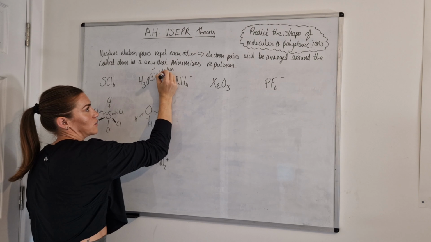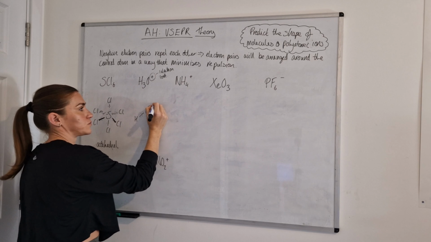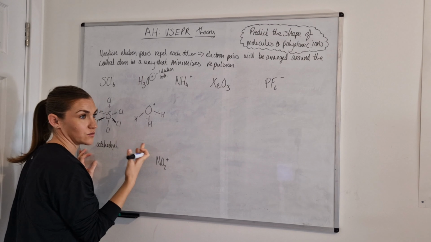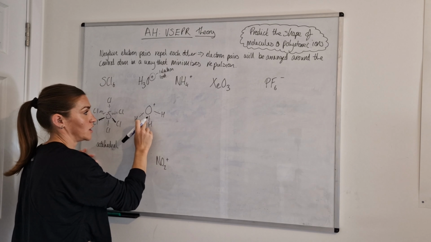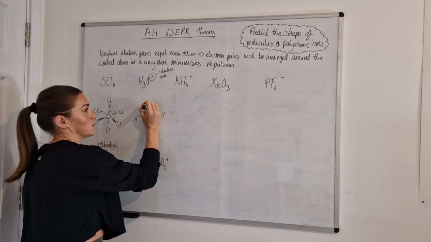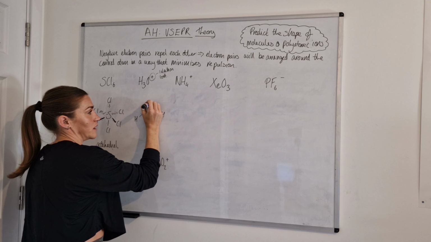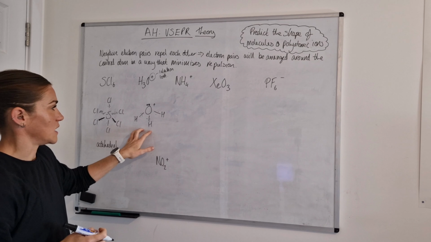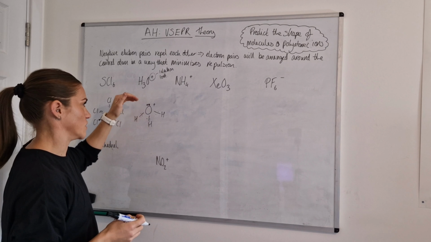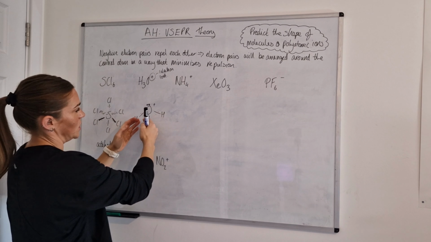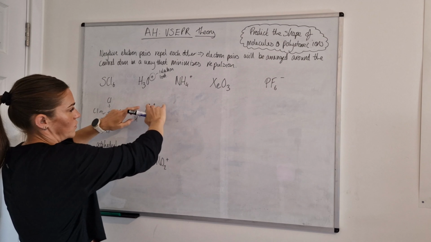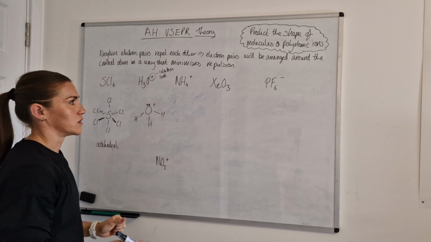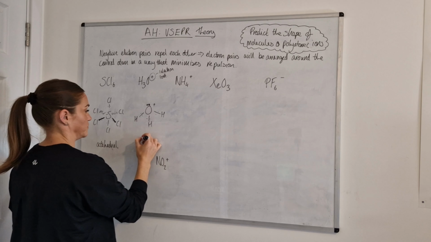So although it had 6, it's lost 1, which means it would only have 5 valence electrons. So we've drawn in 1, 2, 3, which means it's just got 1 pair left. Okay, so this looks like a tetrahedral arrangement because it's got 4 electron pairs, but because this one is a lone pair, it's still classed as trigonal pyramidal.